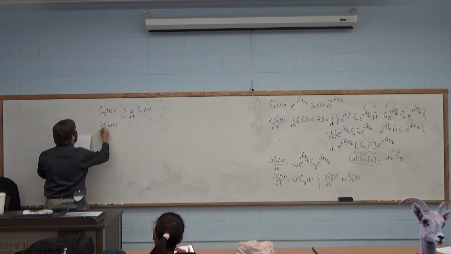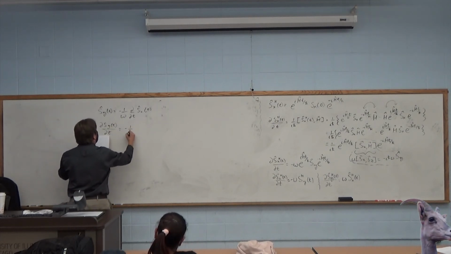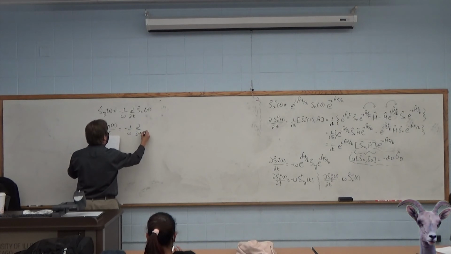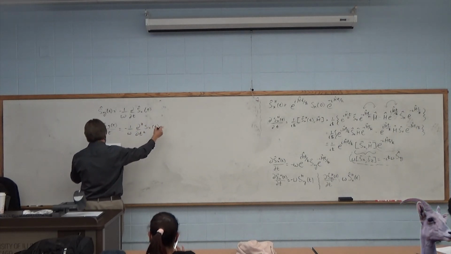You take the derivative of something so that you get the double derivative of something else.